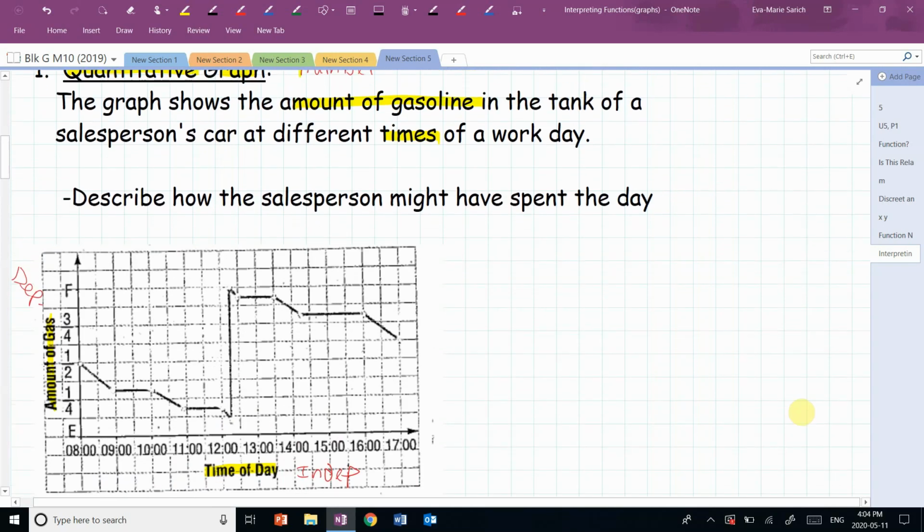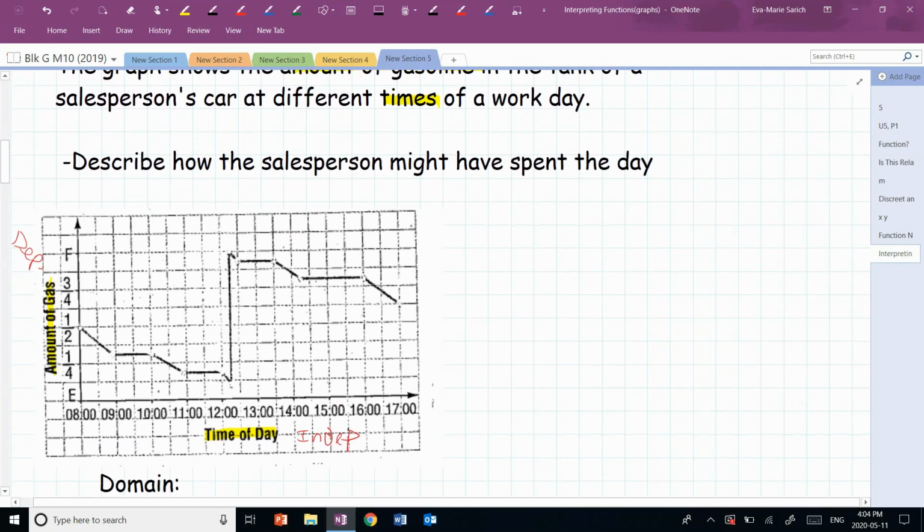Okay, so the first thing we want to do is to think about these points here. Okay, so the start of the day is here, and you can see there's a half a tank. And that start of the day for this salesman is at 8. So the salesman is going to start with a half a tank of gas at 8 o'clock, and then he or she is going to drive till 9 o'clock.